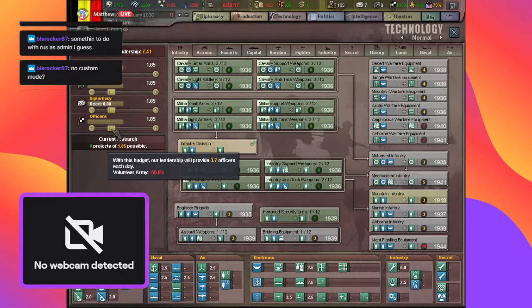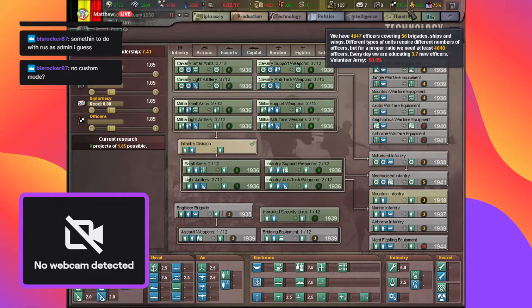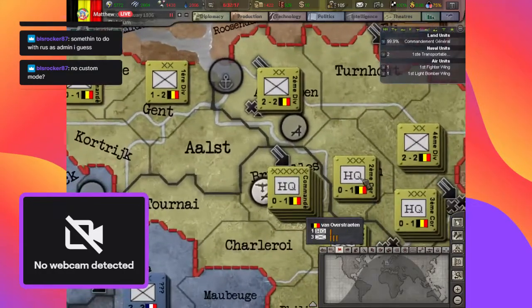You see with officers how you need to put leadership into them, and officers are important because it helps with this here. See how there's a little flag and it has 100%, on the far right-hand side? That has to do with the organization of the unit itself.